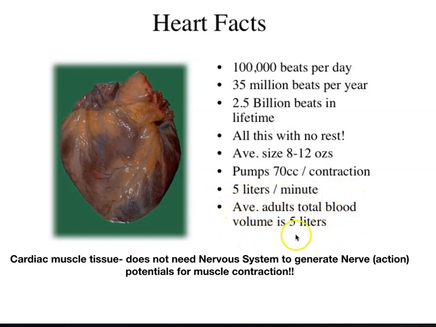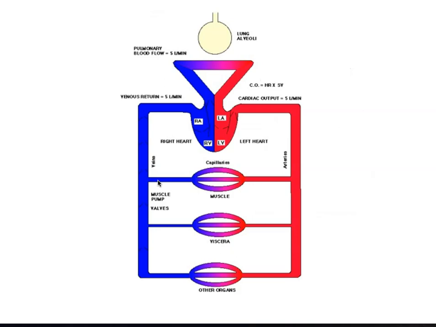So 5 liters, and your heart cardiac output is 5 liters per minute, your heart is pumping your total blood volume in 1 minute. That is way cool. So this little guy in 1 minute is able to pump your total blood volume. That is awesome. That is just awesome.